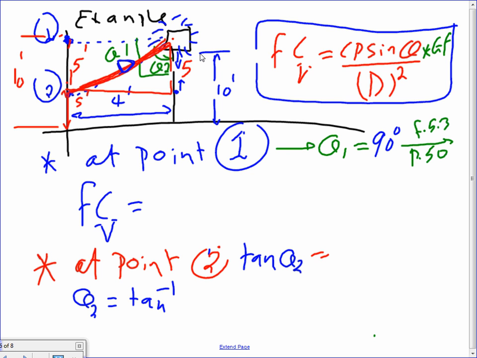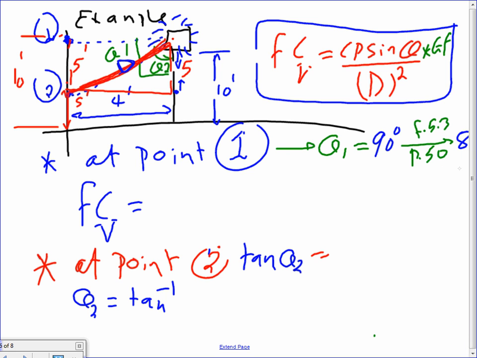Now if you go to, again, Fig 5.3, page 50, what is the angle at 90? The contribution at 90 degree. Do we have a 90? We have a 90. Everybody got that one? So the contribution at 90 degree is 8.